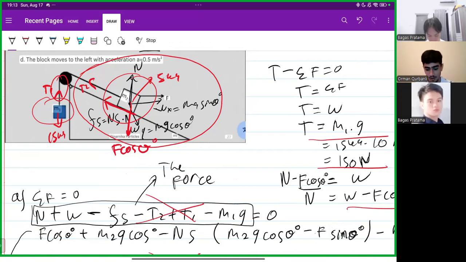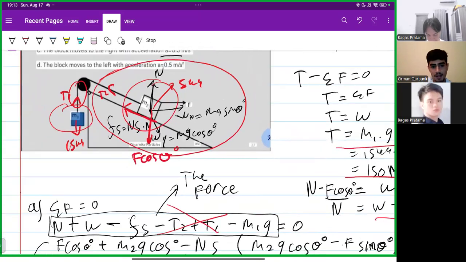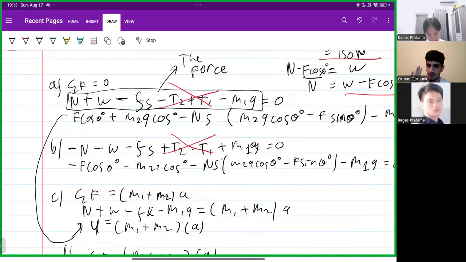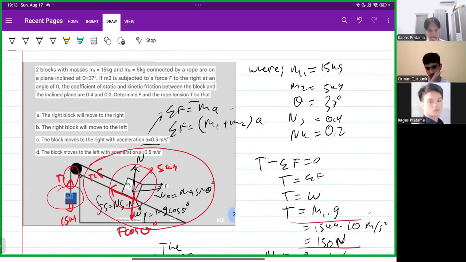Yes, this is my question. Going upwards in this case is easier than going downwards. Downwards, you have to put so much force because there's a pulley.